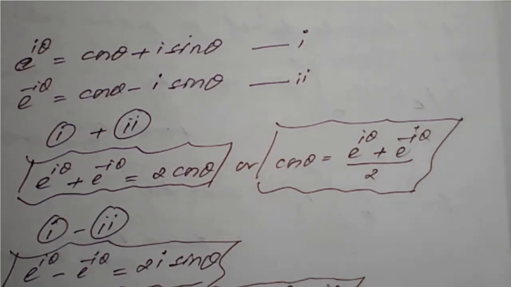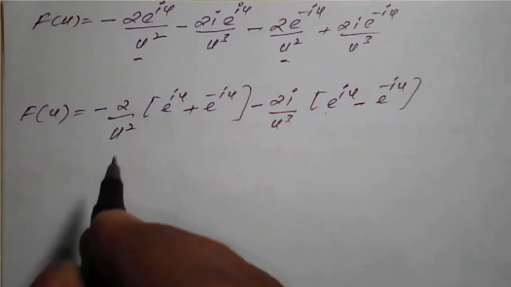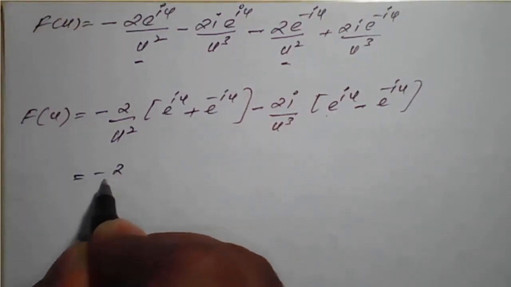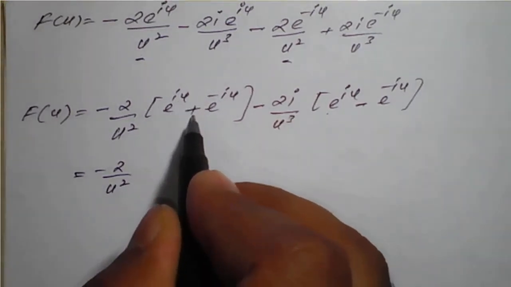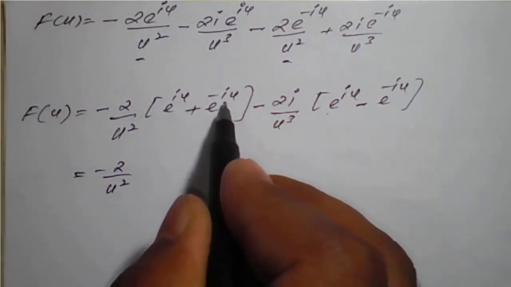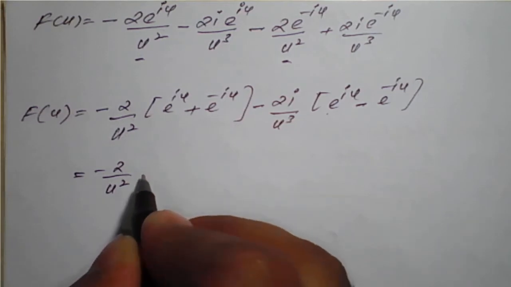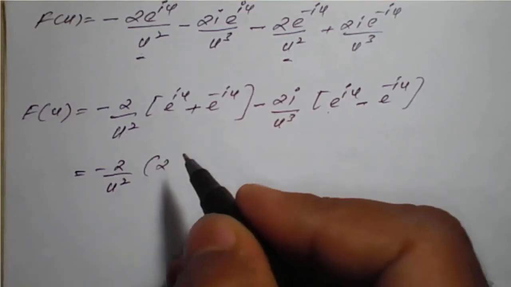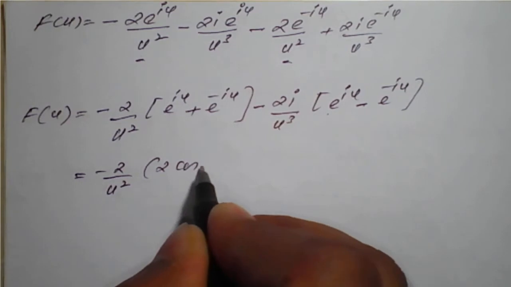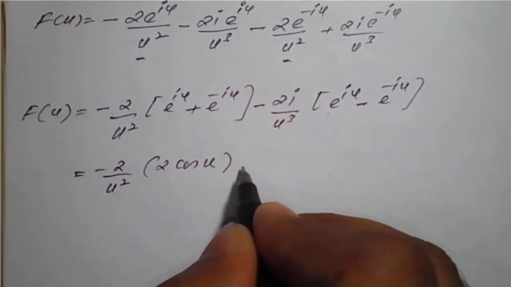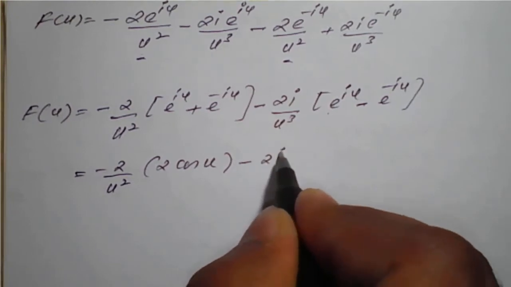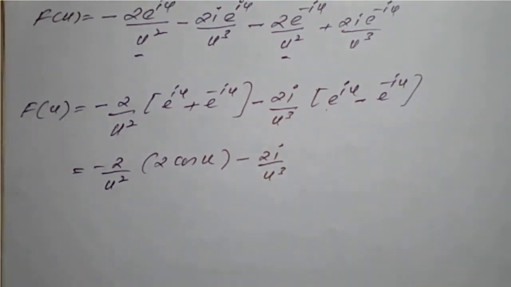So therefore you can write here minus 2 upon u square as it is, e raised to iu plus e raised to minus iu can be written as 2 times cos of u, minus this 2i upon u cube as it is.